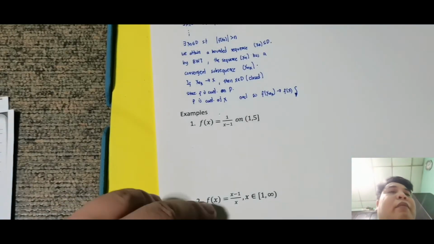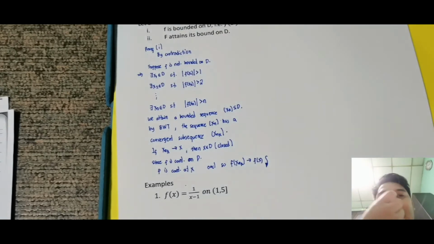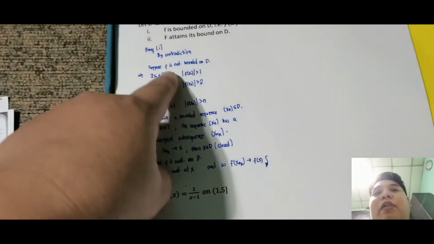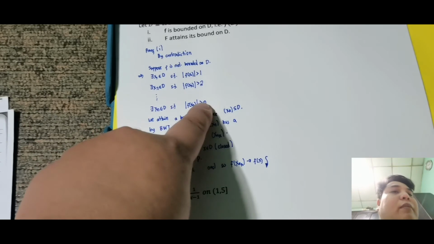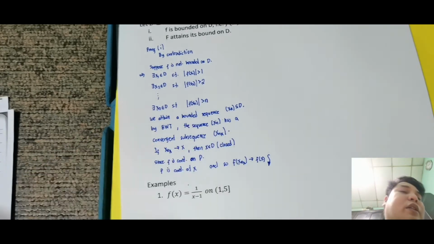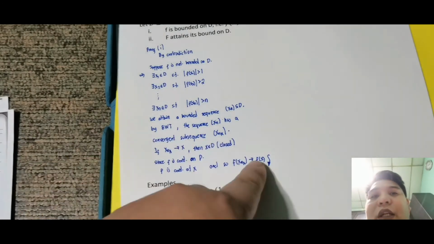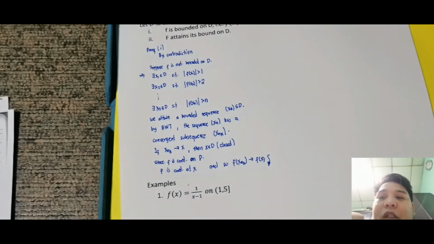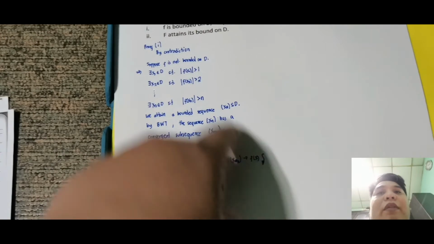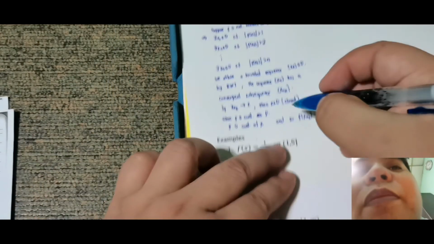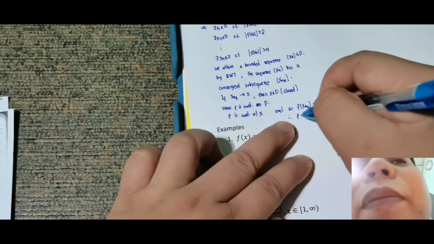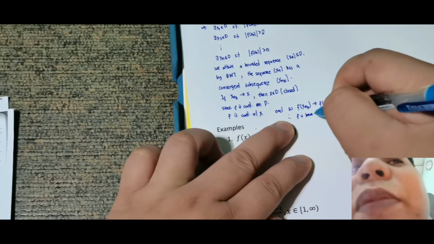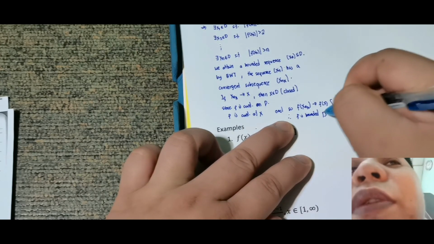Ang assumption natin, yung sequence ng f of x sub n natin is unbounded. Pero nagkaroon tayo ng subsequence na nag-approach sa f of x. Meaning may limit siya sa taas. Ibig sabihin lang f is bounded. Therefore f is bounded kasi nakahanap na tayo ng contradiction.